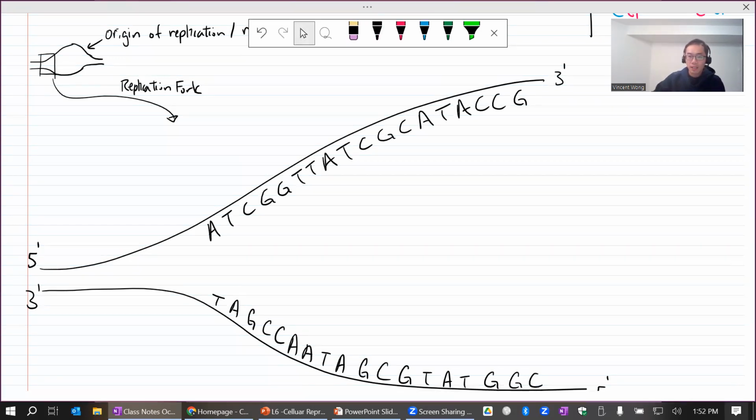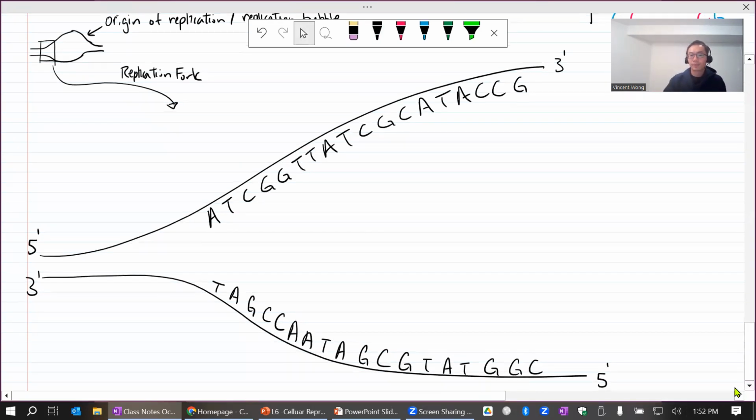So there you have it. Now, of course, the nucleotides don't stop here. It goes all the way for the rest of the DNA. But I don't want to make the diagram more confusing. It's already very busy. Okay, but just know that it keeps on going until the end of the DNA.